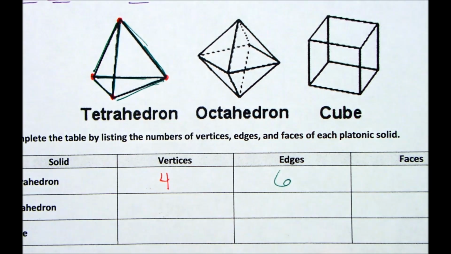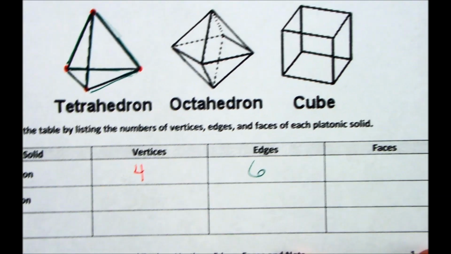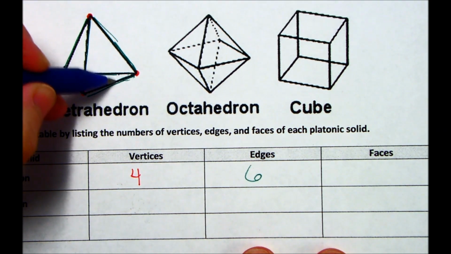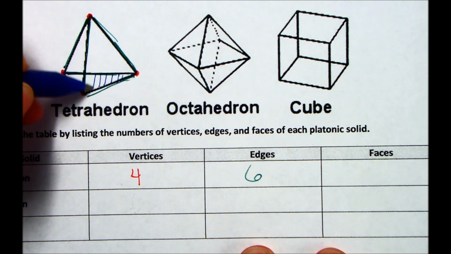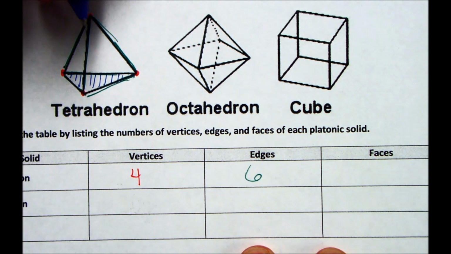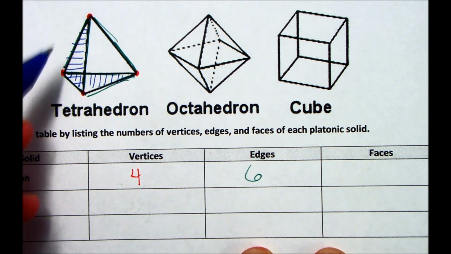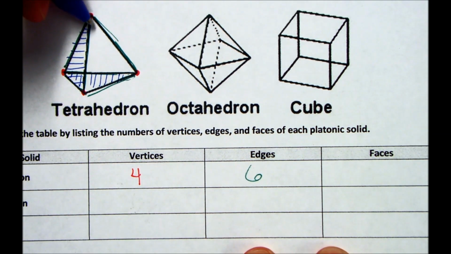Okay. Then the last thing they're asking us to do is the faces. So if we look at each of the faces, you've got the one that's on the bottom, the one that's on the side, the left side. Then you've got this one that's, how to make it show this differently.